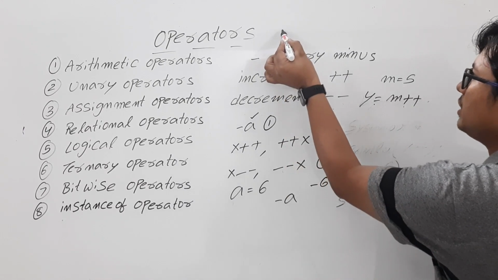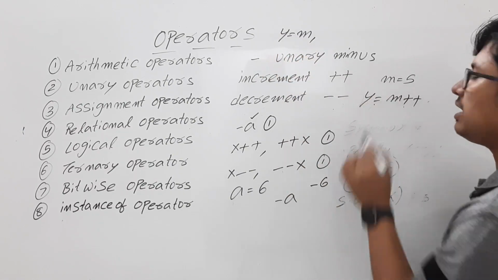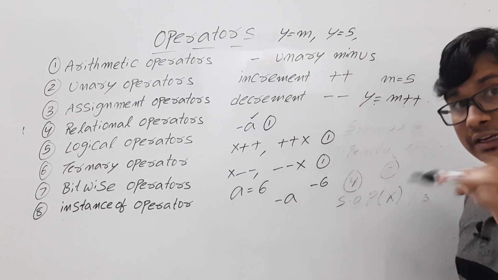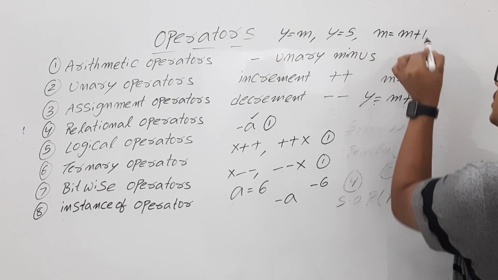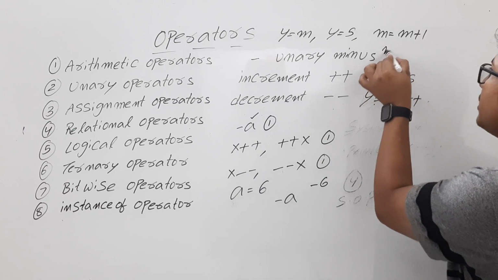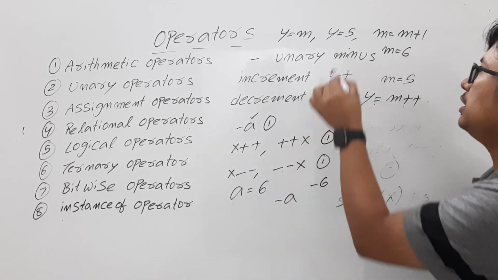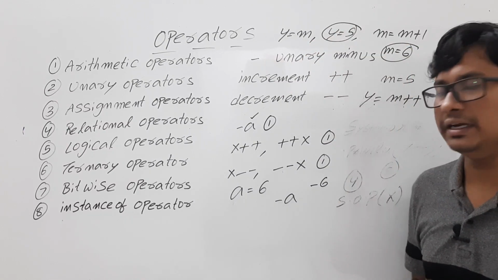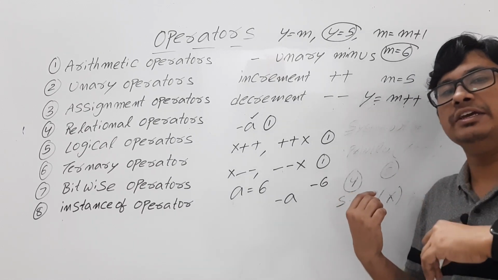So first you will write y is equal to m. Now what is the m value? 5. So y will get the value as 5. Then you will increment the m value. So it will be m is equal to m plus 1. Already m value is 5, so 5 plus 1 it will be 6. So if you print the y value and m value, you will get the output as 5 and 6. So the post increment, first it will do the assignment and then it will increment it.